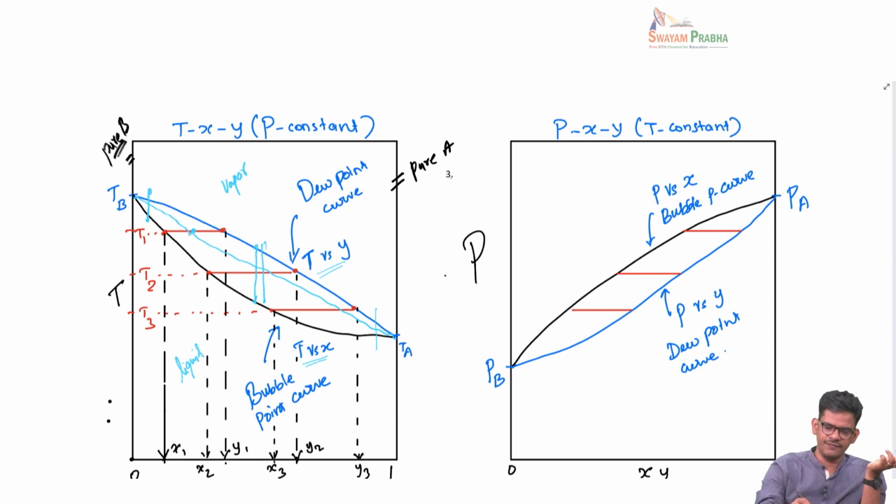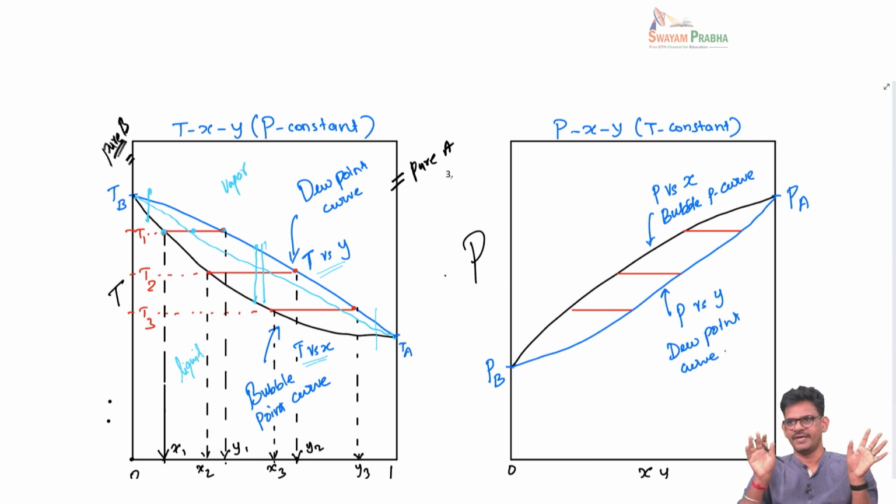The liquid phase will have a composition corresponding to this point x, and the vapor phase will have a composition corresponding to this y. That's how you read this particular phase diagram. Choose a temperature and an average composition, it will split into two phases, and the two-phase equilibrium compositions are read from the dew point curve and the bubble point curve.